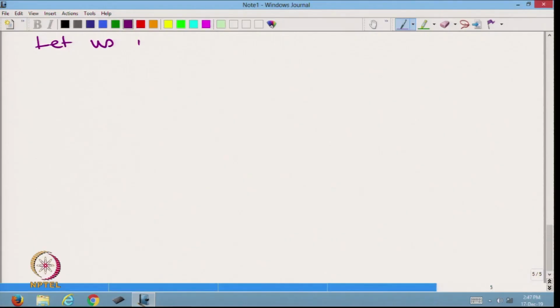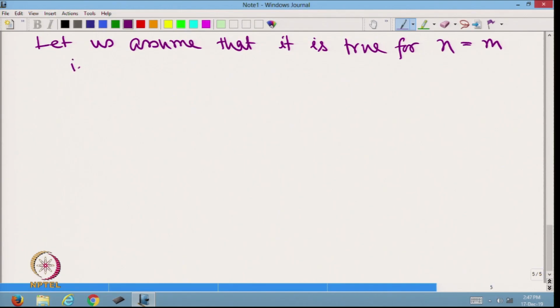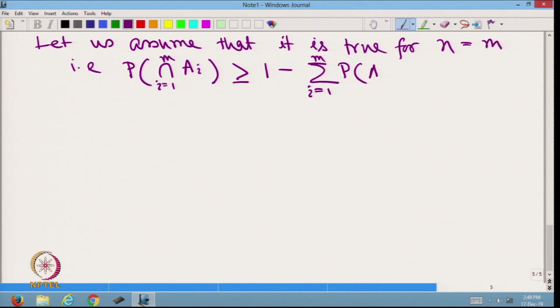Let us assume that it is true for n equal to m, that is, probability of intersection of Ai, i equal to 1 to m, is greater than or equal to 1 minus sigma i equal to 1 to m probability of Ai complement.